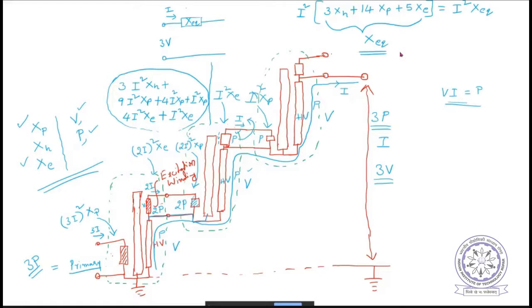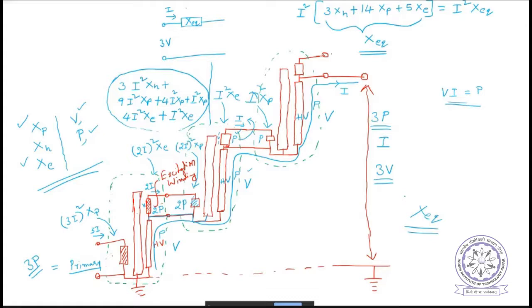Before that, I'll suggest you to derive the equation for n number of transformers. If there are n number of transformers cascaded, then what is the equivalent reactance XEQ?